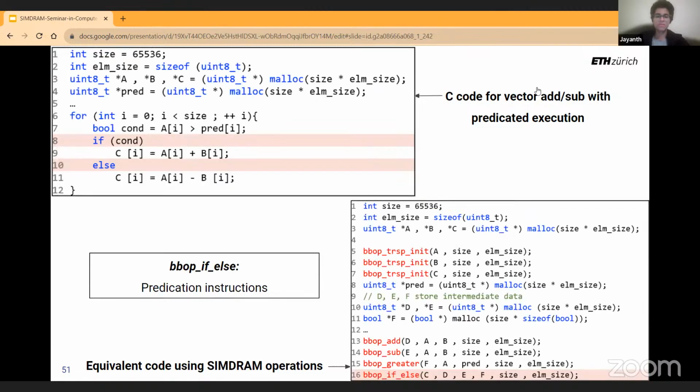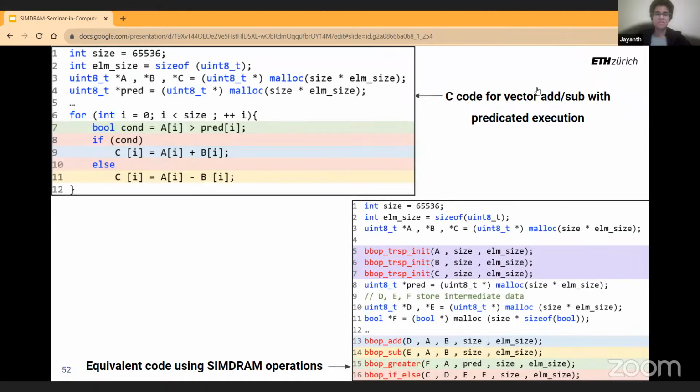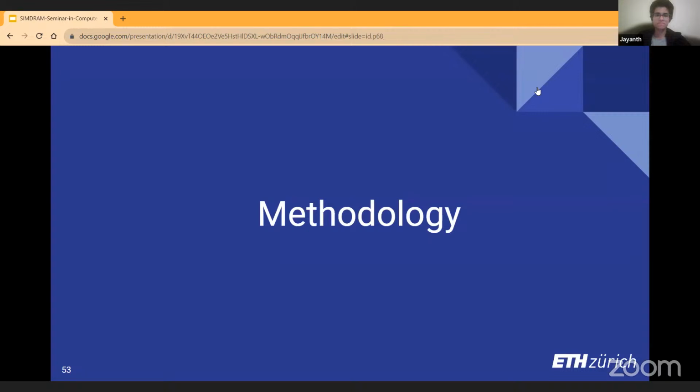And then we have the bbop if_else to conditionally execute addition or subtraction. So the C code shown above would translate into this equivalent SIMDRAM code, which uses SIMDRAM operations. So this is how the same operation can be performed by the user by enabling the SIMDRAM operations.